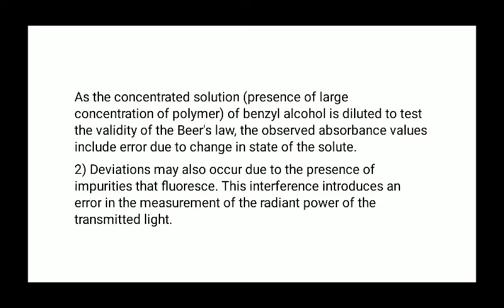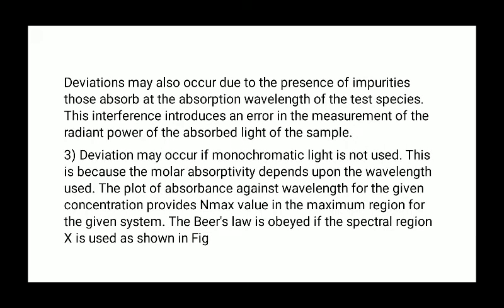Deviation may also occur due to the presence of an impurity that fluoresces. This interference introduces an error in the measurement of radiant power of transmitted light. Deviation may also occur due to the presence of an impurity that absorbs at the absorption wavelength of the test species.